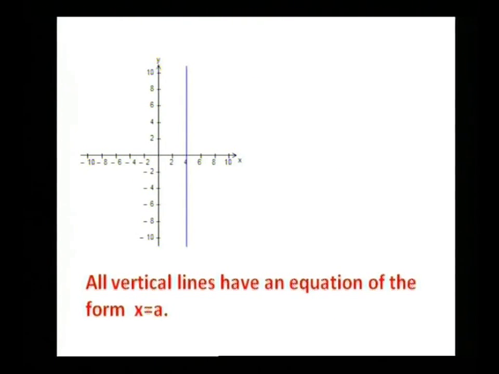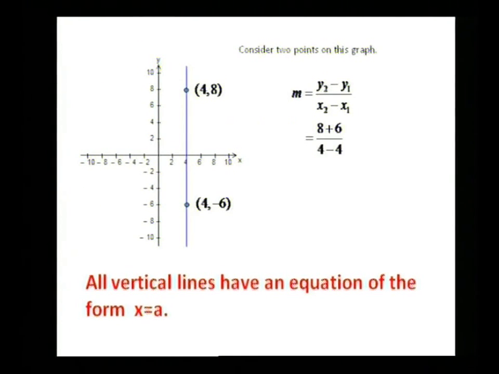In the same way, if we have a vertical line, then we will get the slope undefined, that is infinite, and the equation of such a line is x equal to a. So here x is equal to 4. So the equation of the vertical line here is x equal to 4.